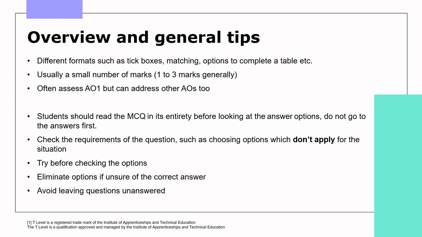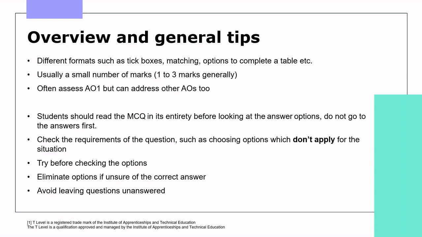mark. Usually they can be up to 2 or 3 marks, but it does depend on the questions. So for example, a question might have a table with 3 rows to complete, and it might be a mark for each of the rows that are completed correctly.